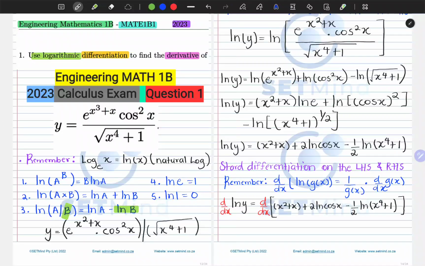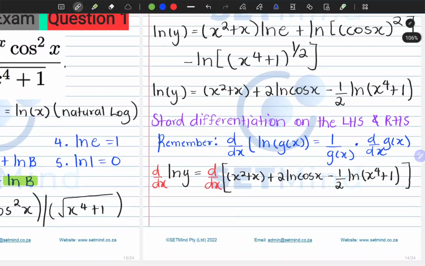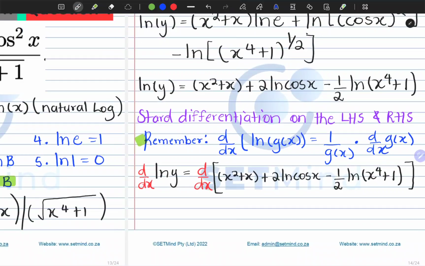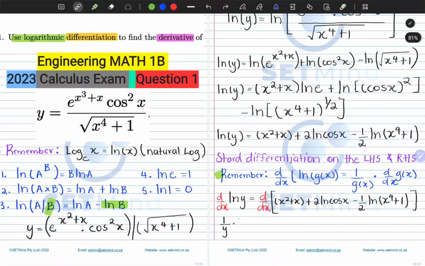What you should be able to do then is to observe the effect of what I wrote here in blue for you. So when we derive the left-hand side, what you will see is that we'll have 1 over y, and this will be multiplied by the derivative of what is inside. But remember, this is y, so it will remain as dy dx.